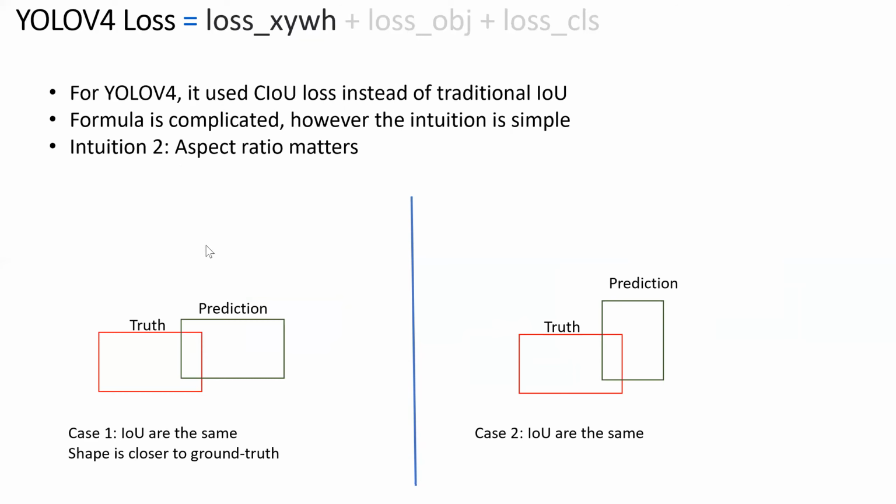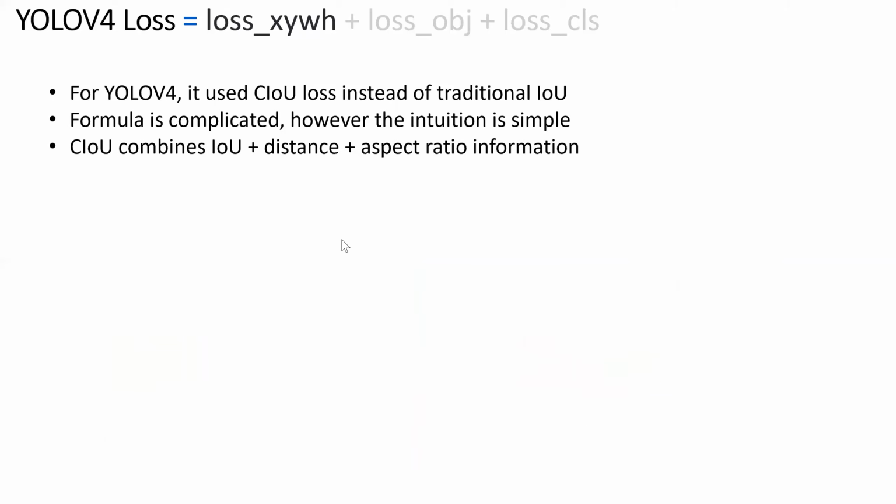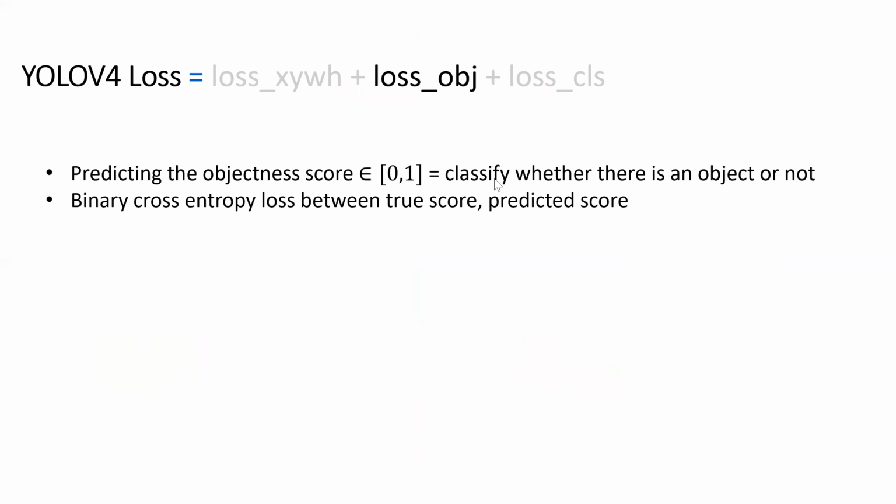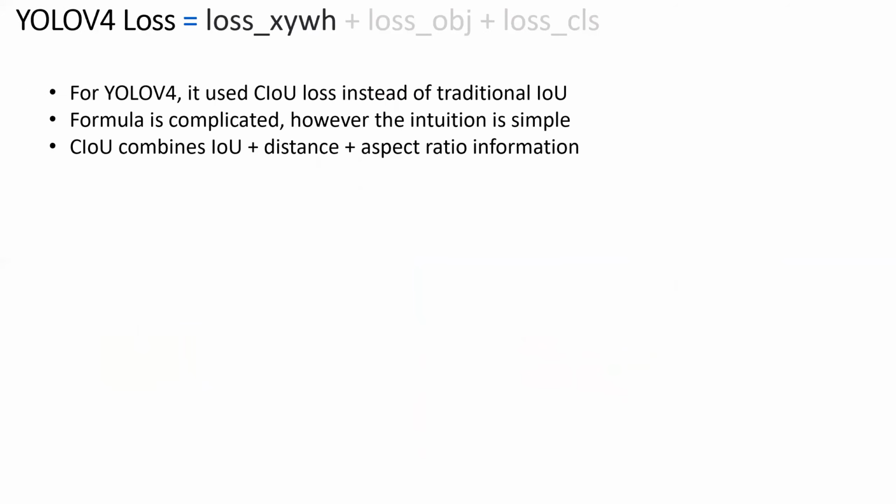In case 1 and case 2, their IOU are the same, but the shape of case 1 looks better because it's similar to the ground truth. So CIOU is a metric which combines this distance and aspect ratio information. Aspect ratio is also the trick we play when we try to reduce false positives. Yes.